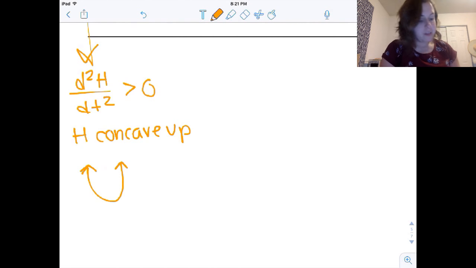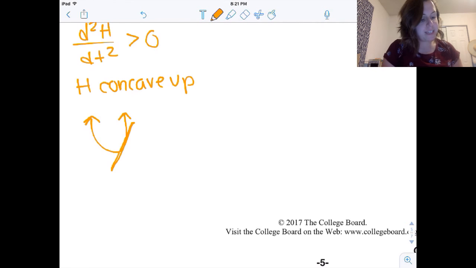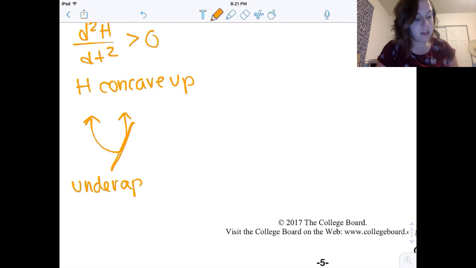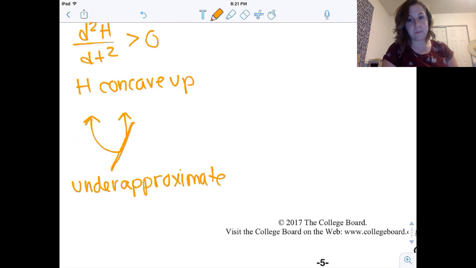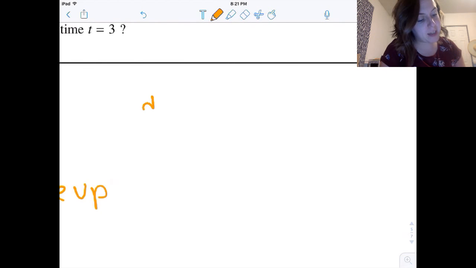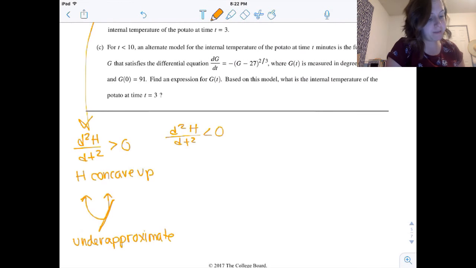And so the tangent line is under, so this would be an under approximation, okay? If it's concave up, the tangent line is below, so this would be an under approximation. If the second derivative is negative, then h would be concave down, right? This is all like cause and effect.